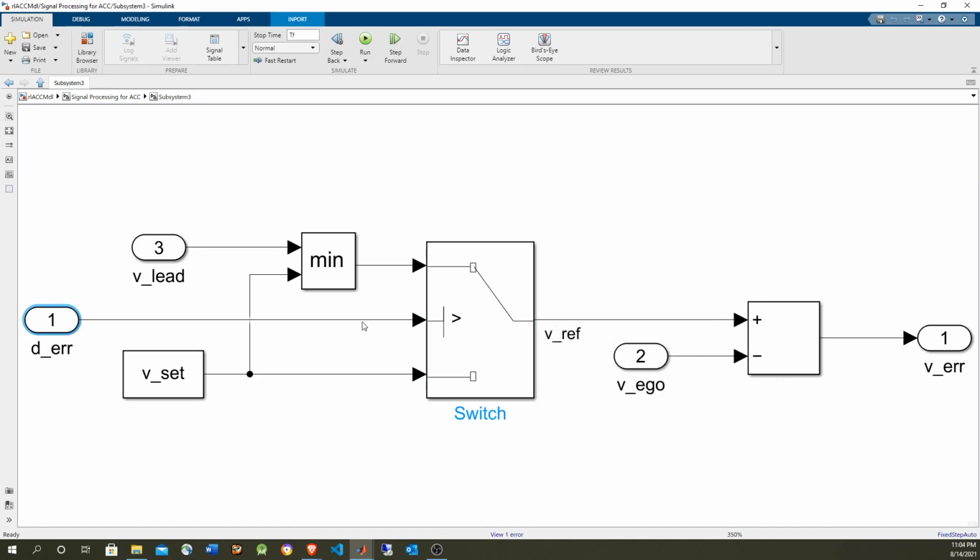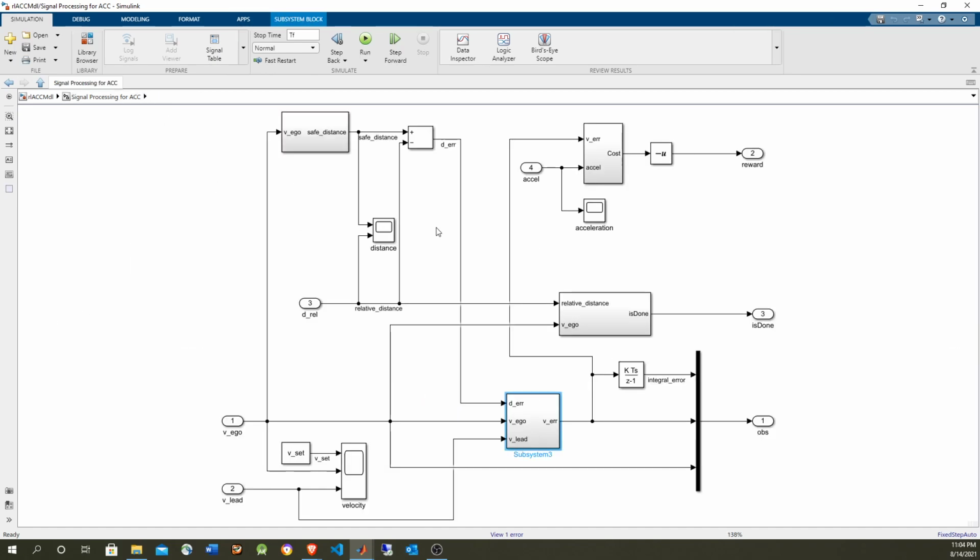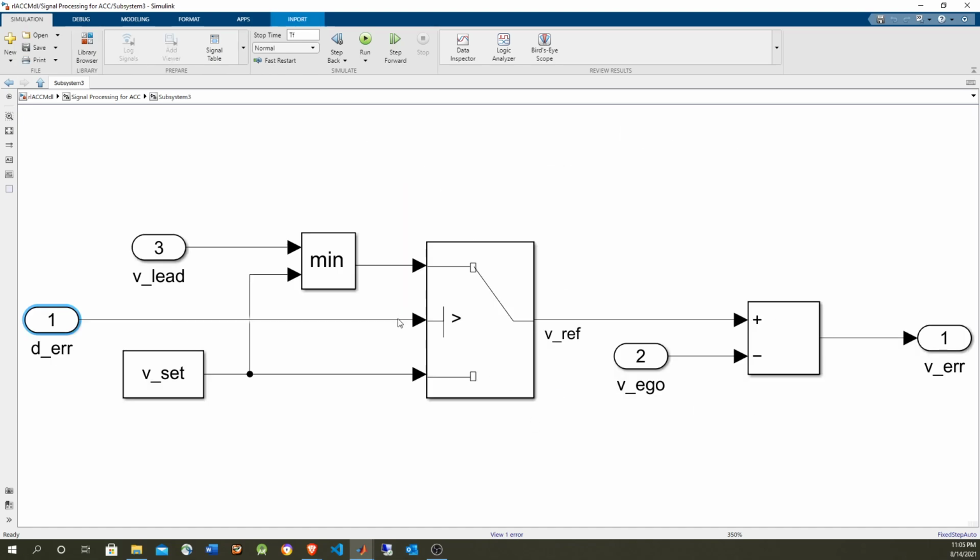If the error is below 0, you're going to go through this path. What does it mean that the error is below 0? It means that this number here is negative, and it is only negative if the relative distance is above the safe distance. So by having a negative error, it means that you're safe, you're beyond safe.